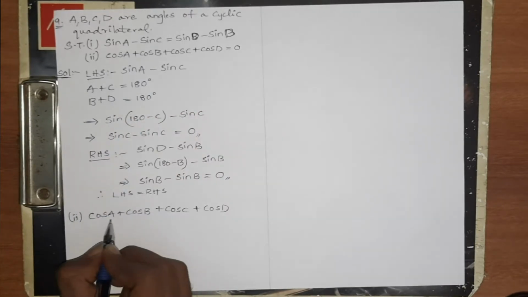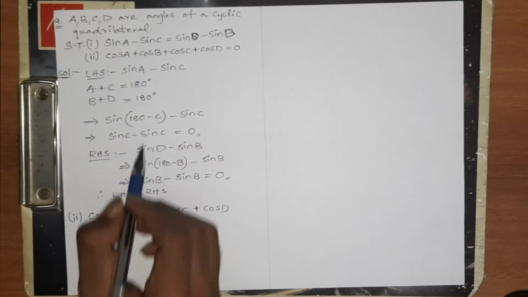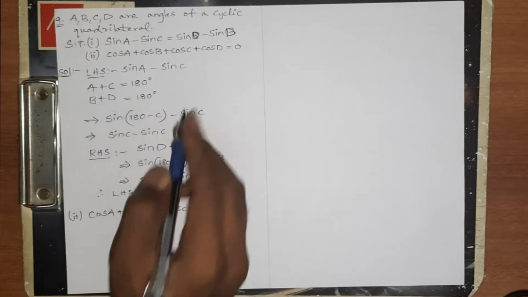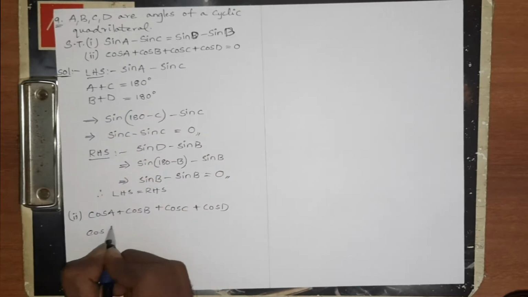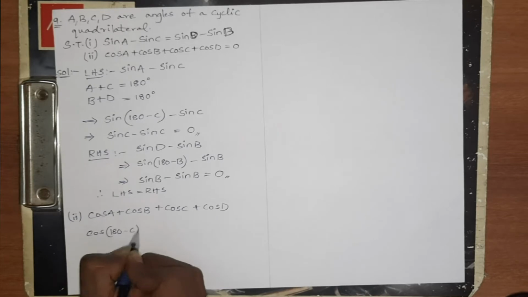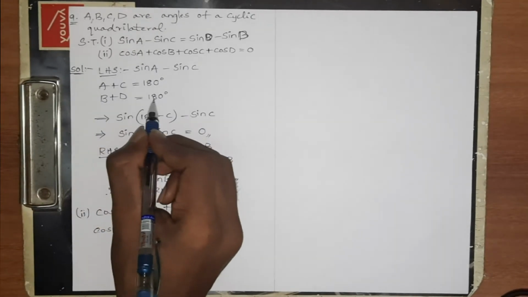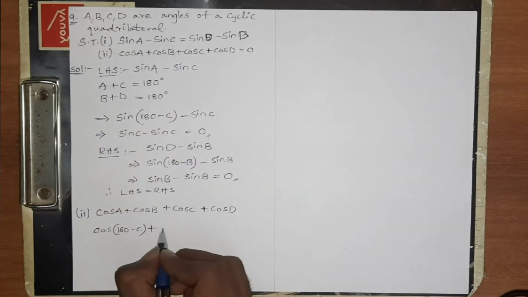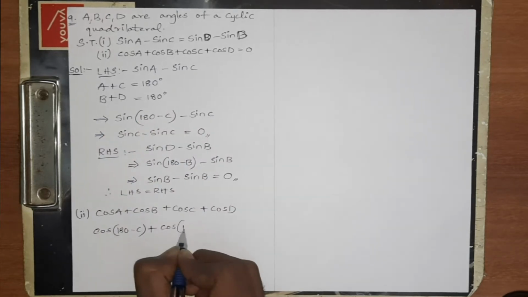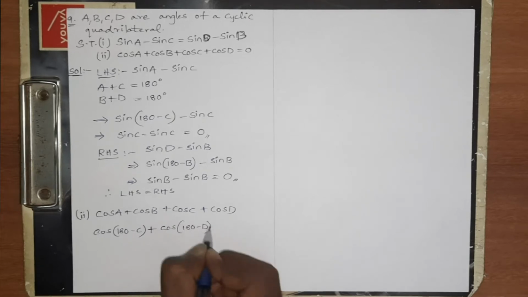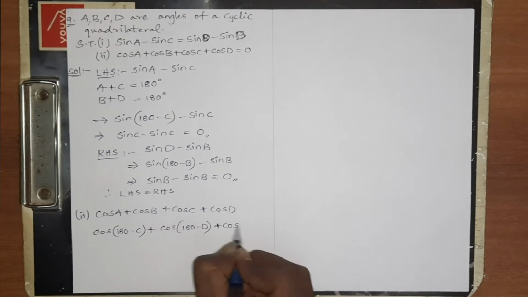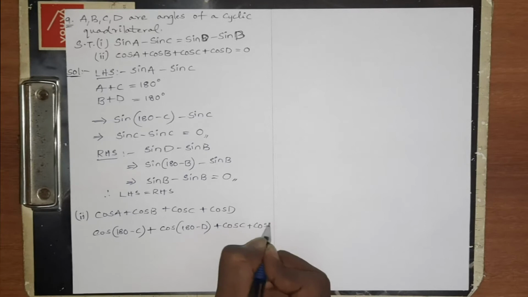So in place of A, let us substitute the same 180 minus C. So cos 180 minus C, plus in place of B we will substitute cos 180 minus D, plus cos C plus cos D.